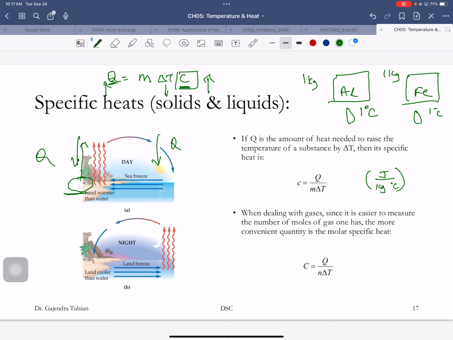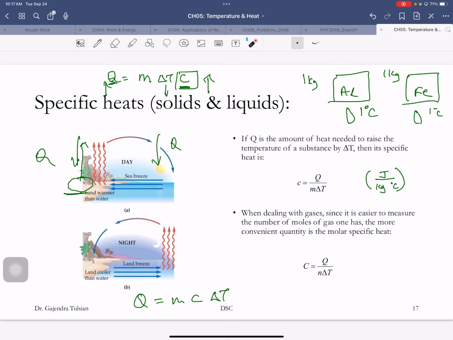Is water decreasing by 6 times if land is increasing? No. Here's mass times specific heat times temperature change. You're putting the same amount of heat on both land and water. And since the specific heat of water is much higher, the temperature rise is lower.